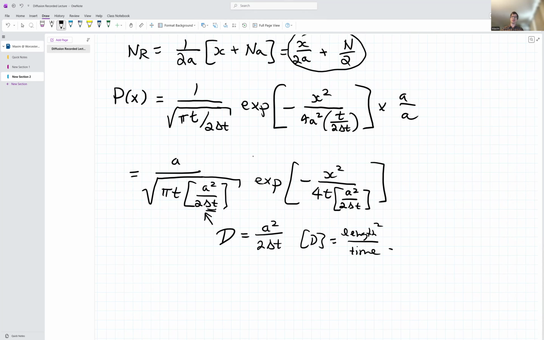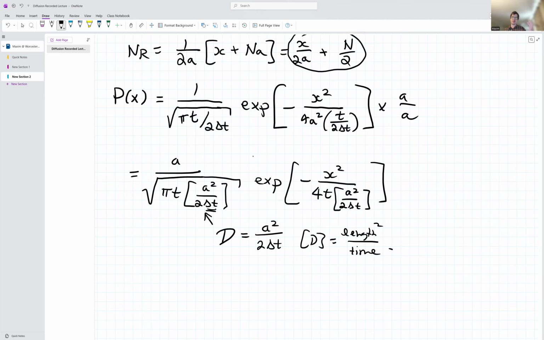This diffusion coefficient captures the idea that if you have a random motion, its distance, on average, doesn't grow linearly in time like it would if it was moving in a straight line with a fixed speed. Its distance just grows like the square root of time. So the length grows like the square root of the total number of hops that you take.